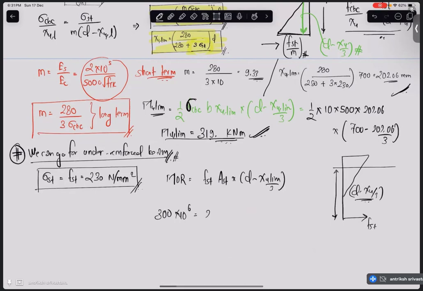And fst is 230, because since it is under reinforced, let me make a remark here. Since it is under reinforced, fst will be sigma st, right? And also your fck will not be equal to your sigma cbc.